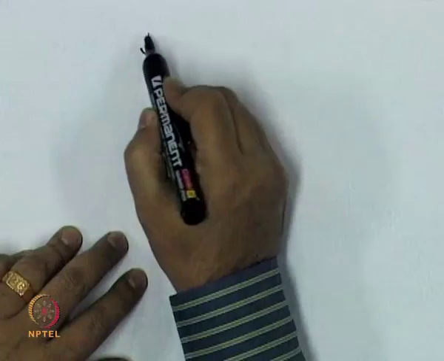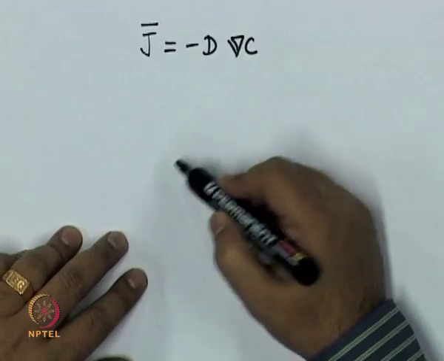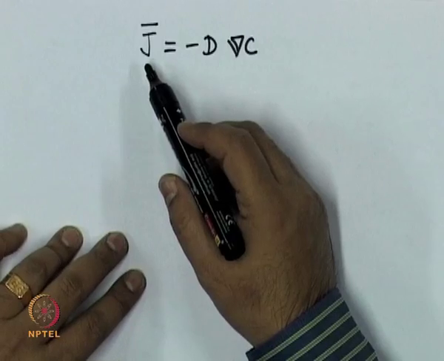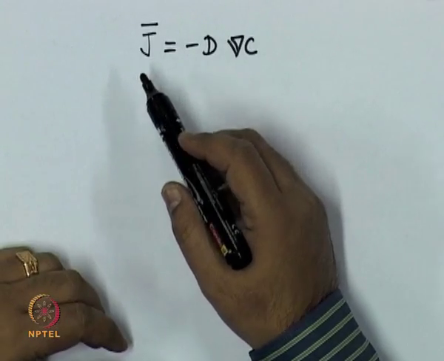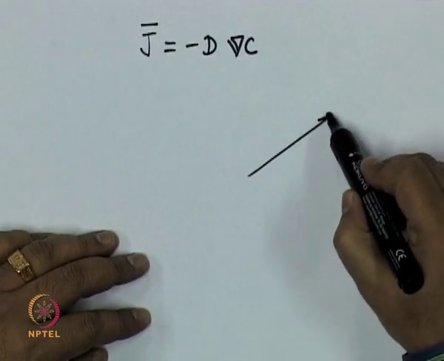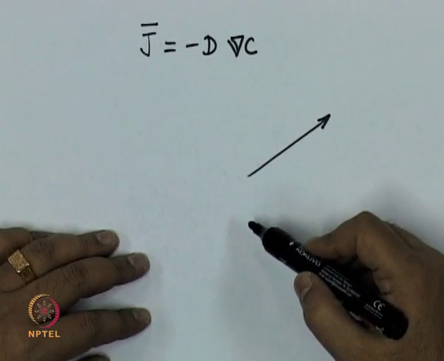When I say the vector J is equal to minus D del C, I need to say what this vector is. Suppose I tell you, let us say that this quantity has some direction, let us say that my flux is in that direction. Then how do we describe it?